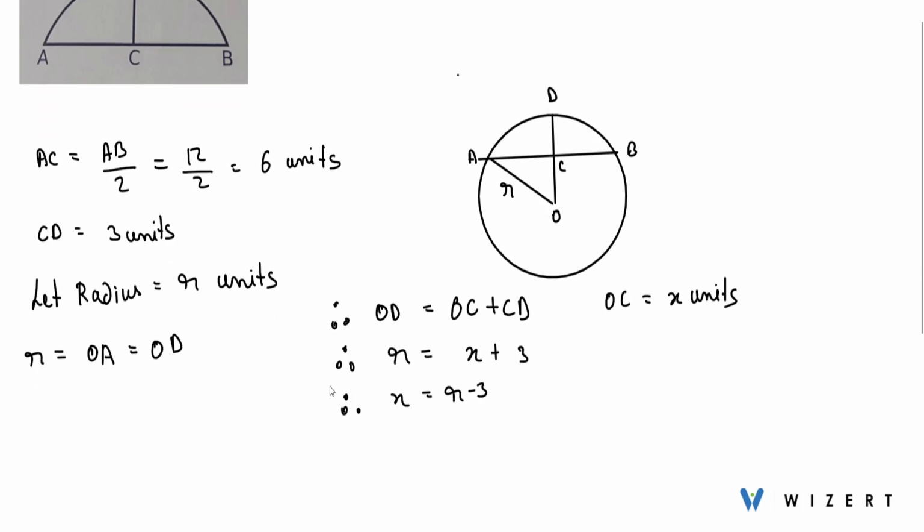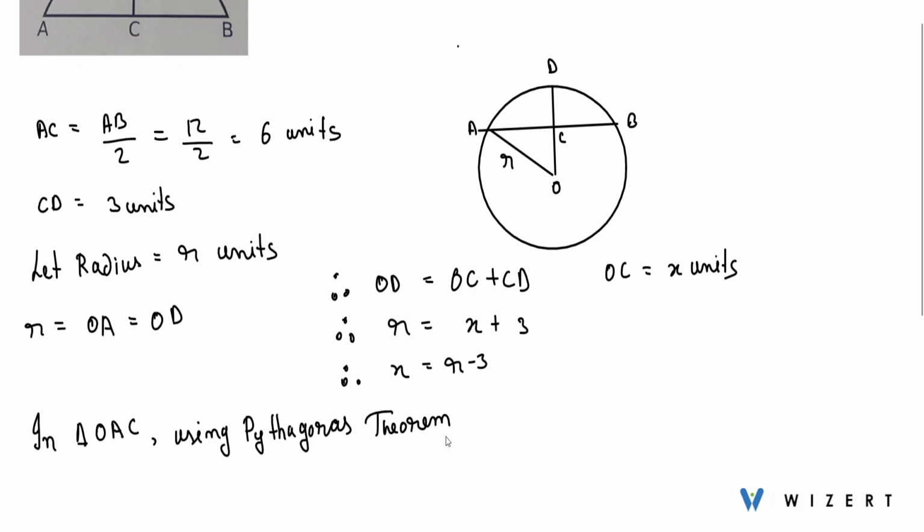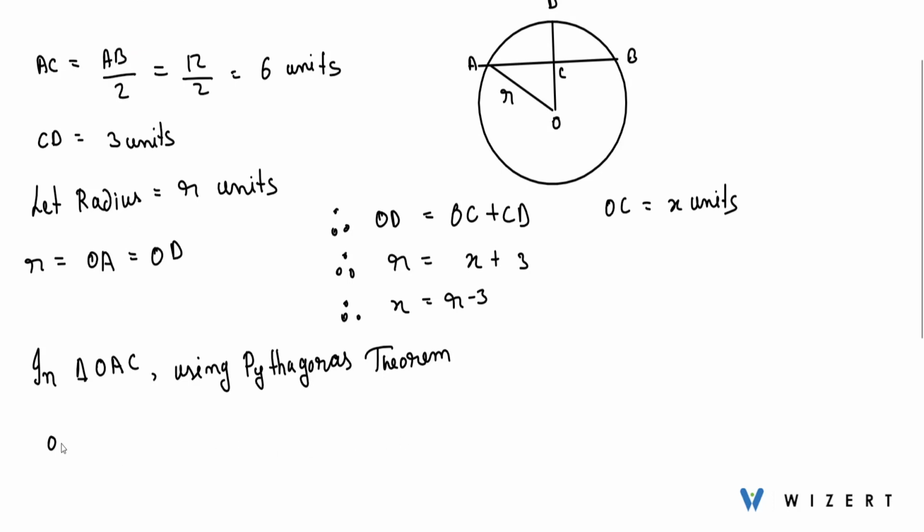Now carefully observe, we are going to use the triangle OAC. So in triangle OAC, since it is right angled at C, using Pythagoras theorem, we are going to have OA square equals OC square plus AC square.